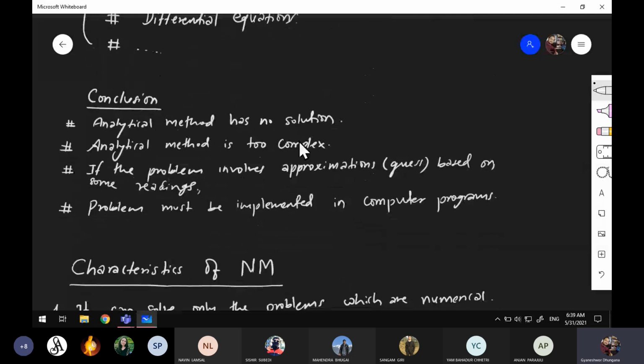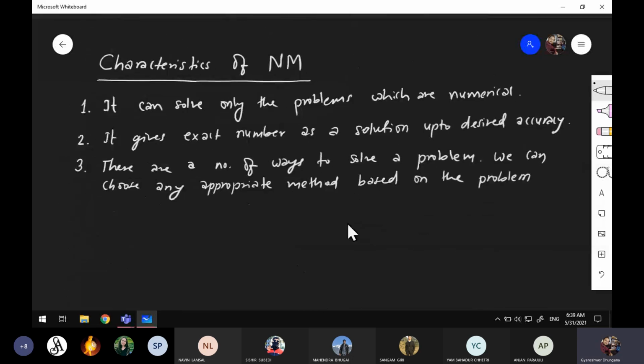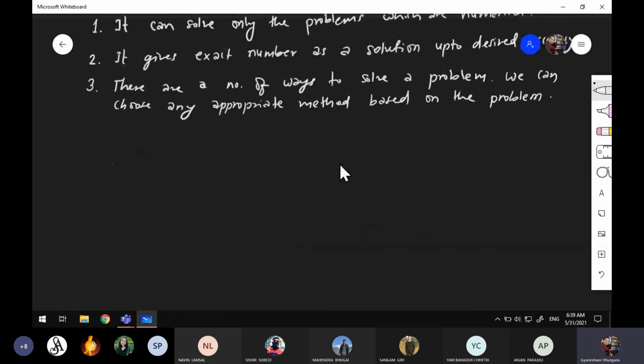Similarly, for numerical differentiation and numerical integration, there are a number of methods, and we can select any method based on our problem.